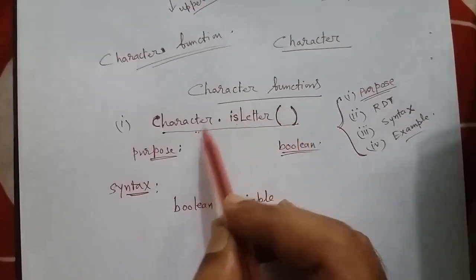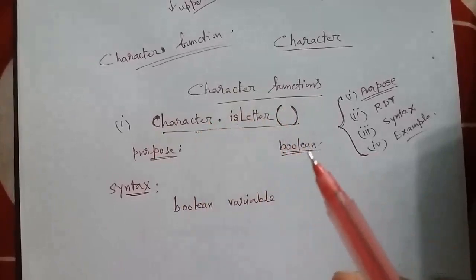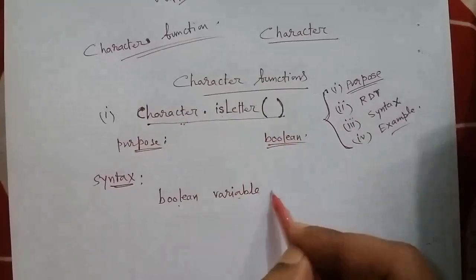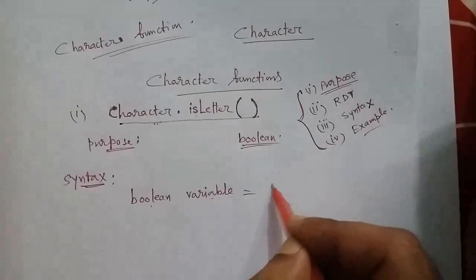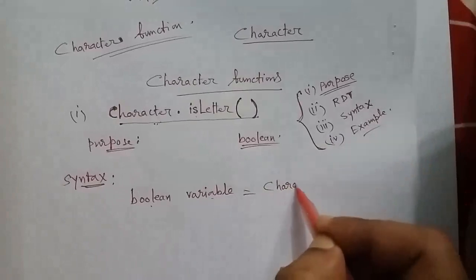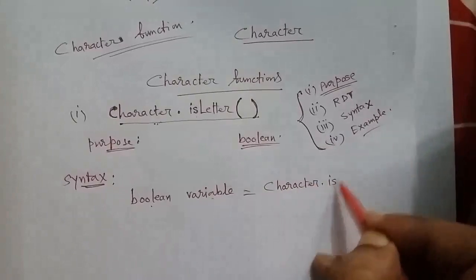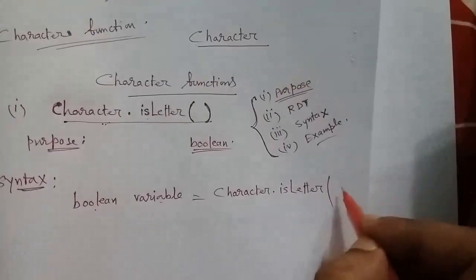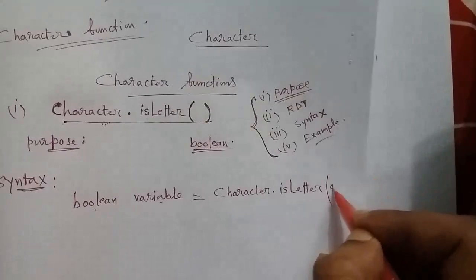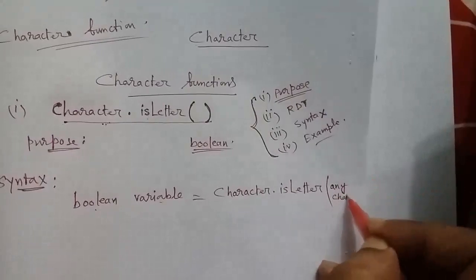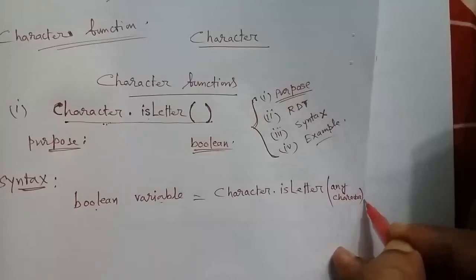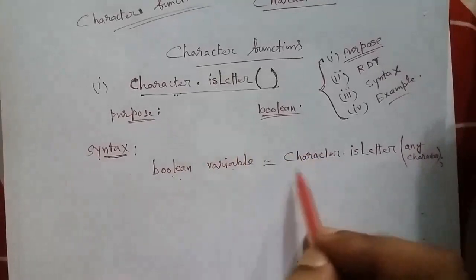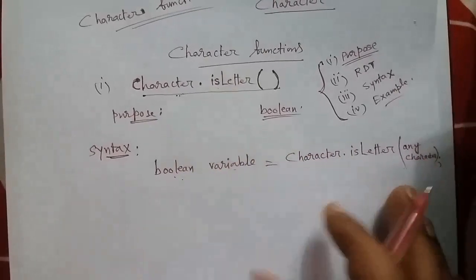As the return data type of this method is boolean, the data type of this variable will also be boolean. Okay. So boolean variable equals Character.isLetter, and here I will write any character. Then after that you must give a semicolon. So boolean variable equals Character.isLetter(any character); Example.